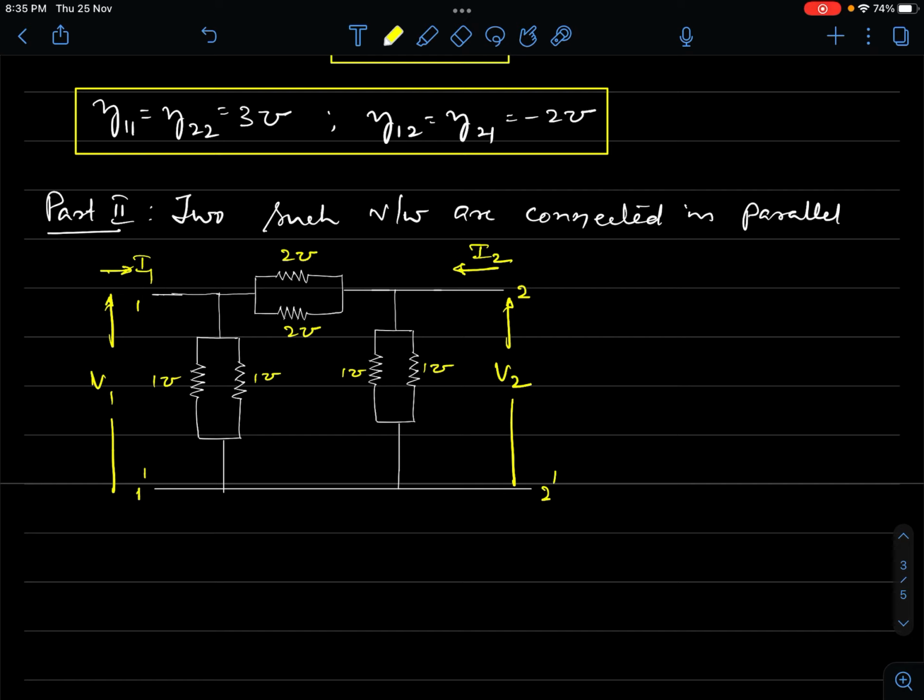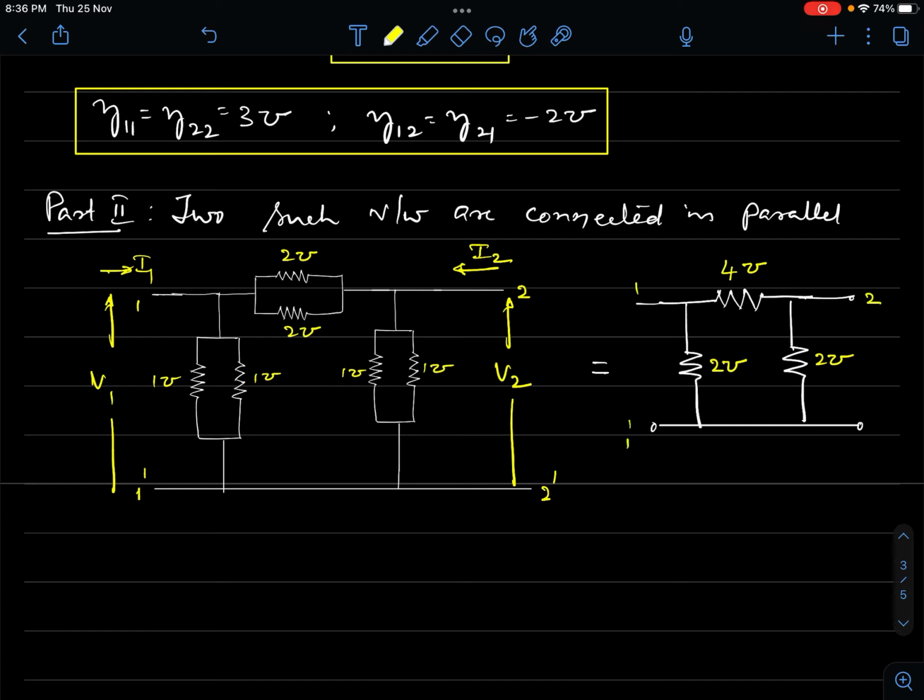Now this network can be rewritten, and the resultant would be like this. I have paralleled the two admittances. So this is 4 mhos, as 2 and 2 admittances in parallel make 4. 1 and 1 in parallel make 2, again 1 and 1 in parallel make 2.